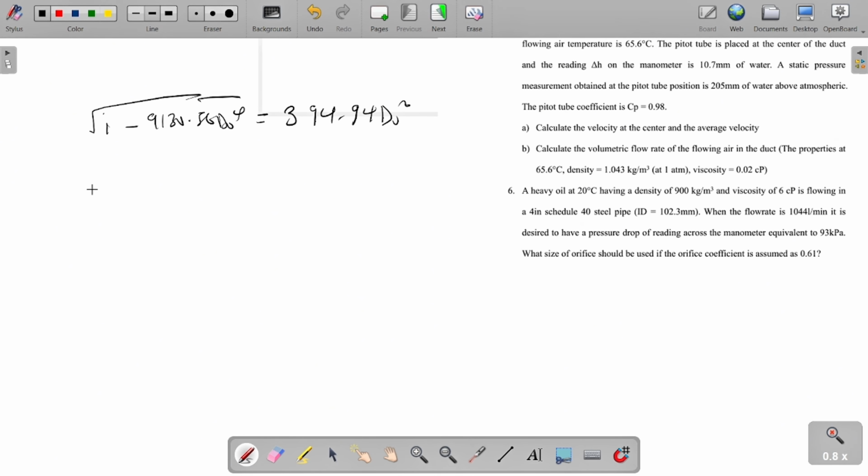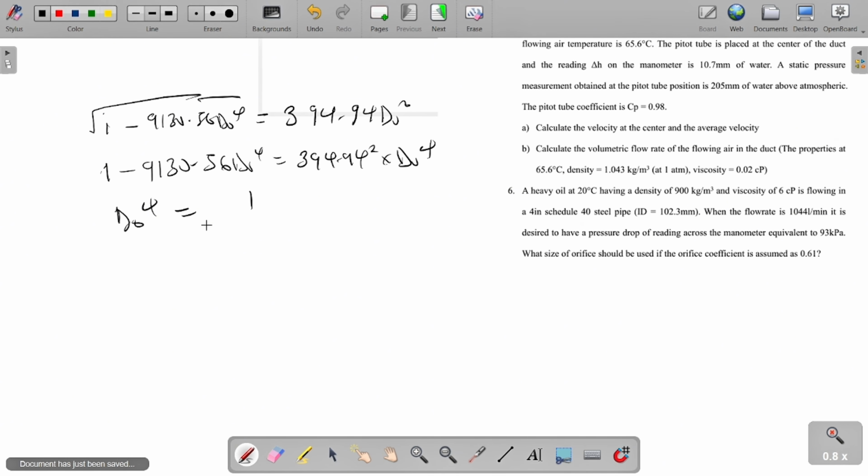So I can take the square root of both sides to get 1 minus 9130.56 D naught to the power 4. Taking the square root of that side, I'll be getting 394.94 squared times D naught to the power 4, because there's already a square over there. So making D naught to the power 4 the subject, I'll be having 165,108.2, right?